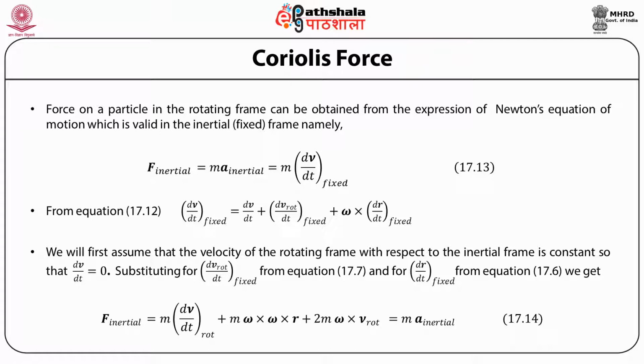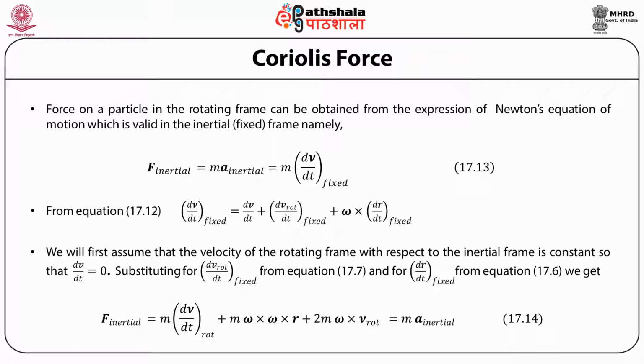Now we can substitute for the second term from equation 17.7, and in the third term dr by dt fixed is substituted from equation 17.6, to obtain the force in the inertial frame equal to mass times dv by dt in the rotating frame plus m times omega cross r plus 2m omega cross v rotation.